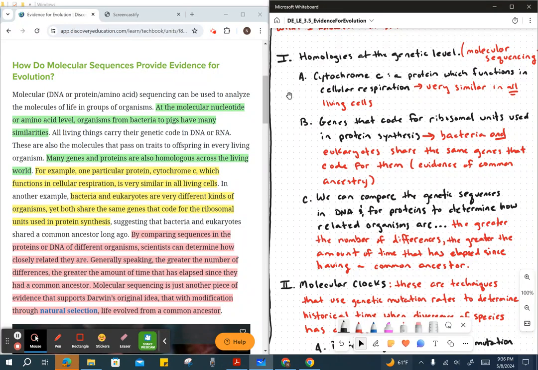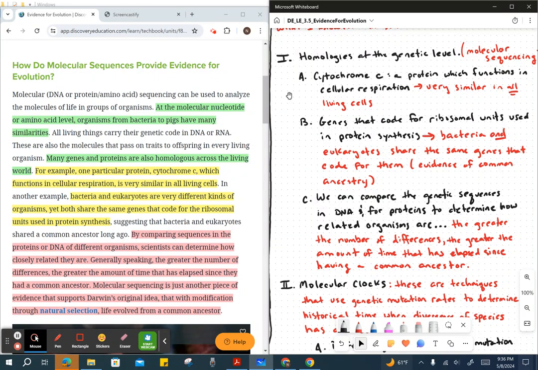The second example they provide: genes that code for ribosomal units used in protein synthesis. Remember, you have your messenger RNA, you have your tRNA, you have your rRNA.